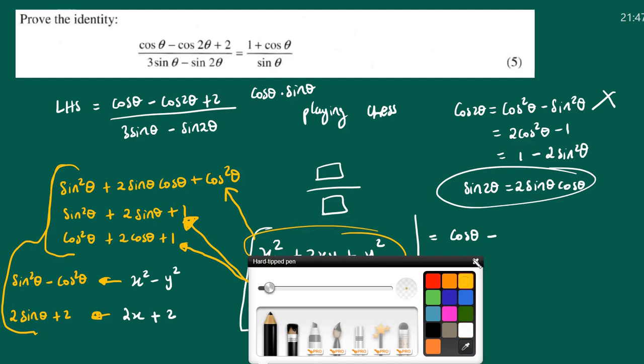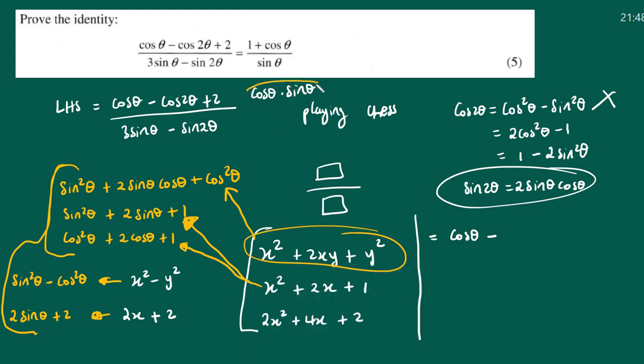I said if you find yourself not having cos times sine, do not use this first expansion. How you choose between this one and that one will depend on what you have here. Do you have sine? Do you have cos? If you have cos, you're going to change cos 2 theta to 2 cos squared theta minus 1. But if I had sine there, I would change that cos 2 theta to 1 minus 2 sine squared theta.